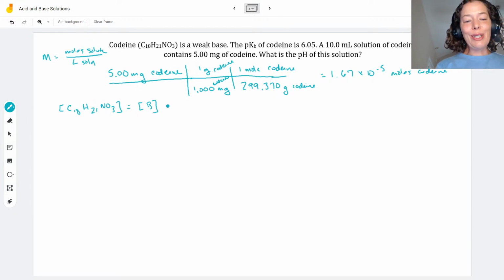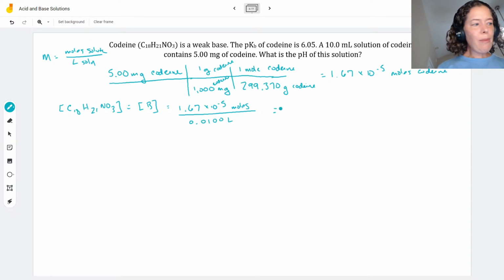My concentration of my base, my codeine, is going to be my moles here, 1.67 times 10 to the negative fifth moles, and this again is going to be over my liters of solution. So I have 10 milliliters, again, just dividing by 1,000 here, liters. And so this gives me a concentration of 1.67 times 10 to the negative third. And that is molarity.